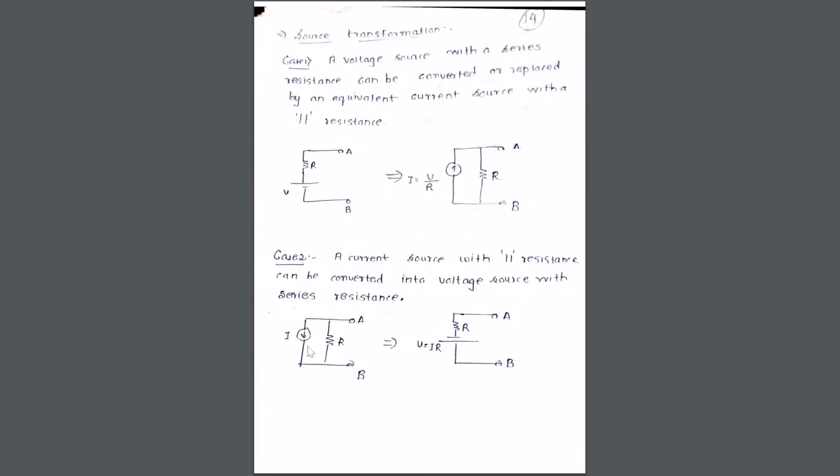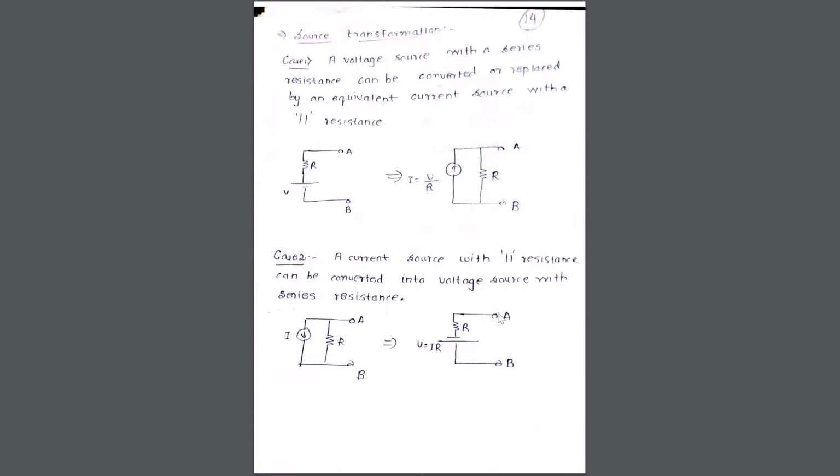However, remember that my current source direction will always be coming out of the positive terminal of my voltage source. Since the positive terminal is upward, my current direction is upward. Since my current direction was downward, the positive terminal will also be downward.